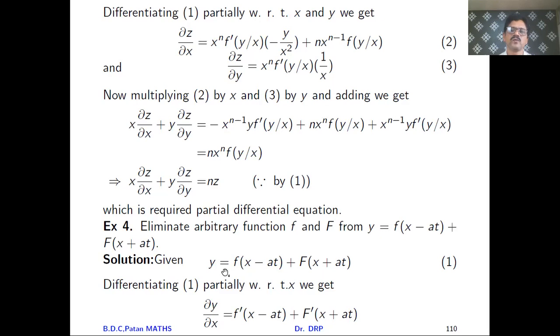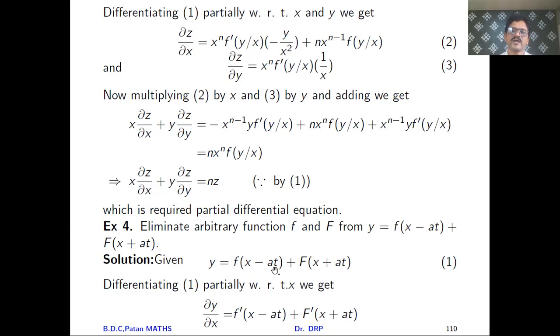Now what you have to do, you differentiate this y with respect to x. So LHS it gives ∂y/∂x is equal to derivative of this first term partially with respect to x, keeping t as constant.